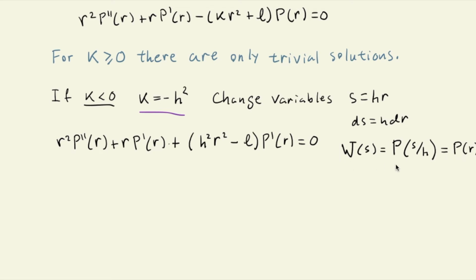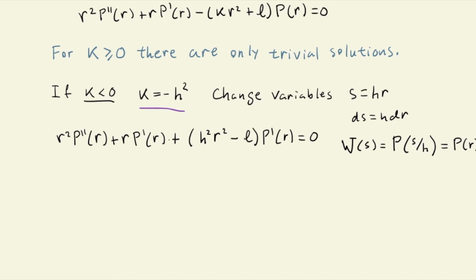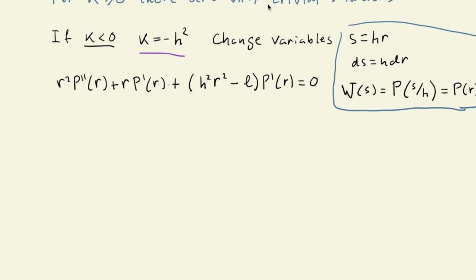But what is the purpose of doing this? So what is the first derivative of this function w? Let me box our change of variables here. The purpose of doing this is that, for example, the second derivative, or let's do the first derivative first.